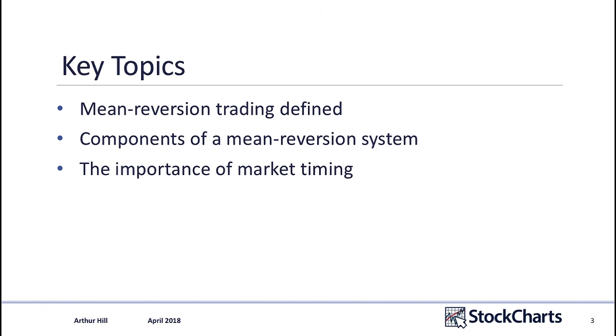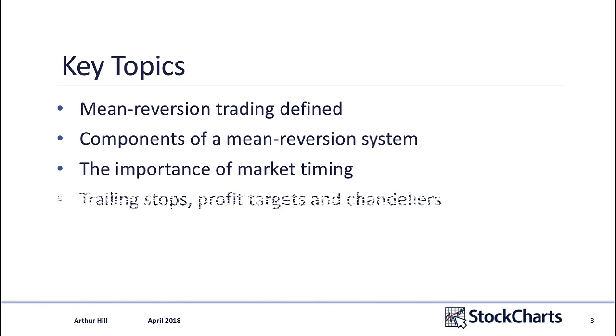We're going to look at the importance of market timing, which is the market regime, bull markets and bear markets. I'm going to go over trailing stops, profit targets, and chandeliers. And some of you might already guess that that is the Chandelier Exit, which I have found to be very good as part of a mean reversion strategy or system.